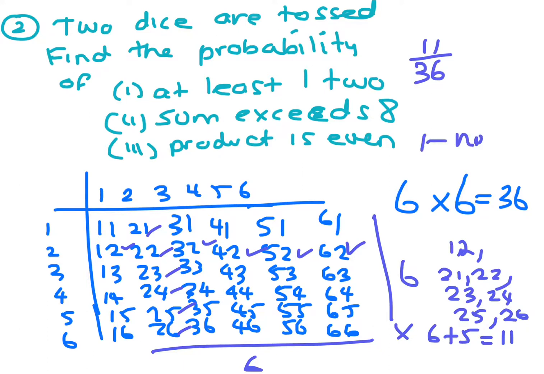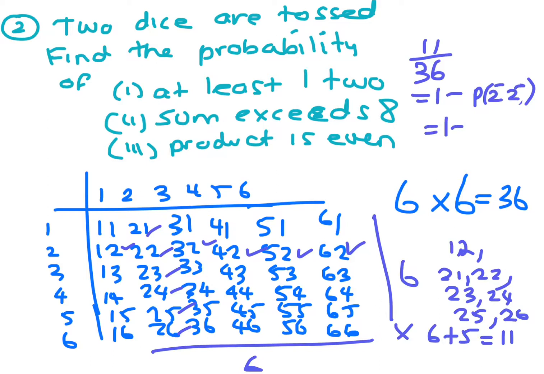36. Now, if you were going to do it a quicker way, you could do 1 minus the probability of no 6s. So you could go 1 minus the probability of not a 6 and not a 6. Oh, sorry, it's not 6, it's 2. So not 2 and not 2. And that way you could do it without even drawing the table up.